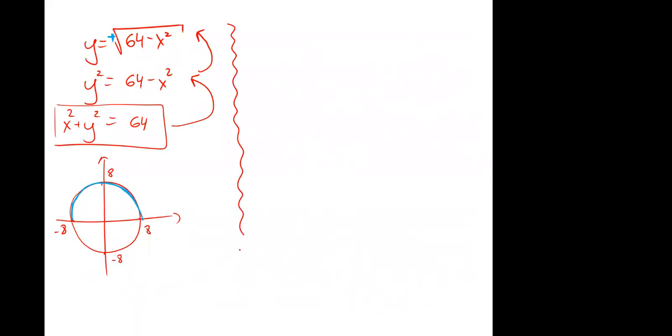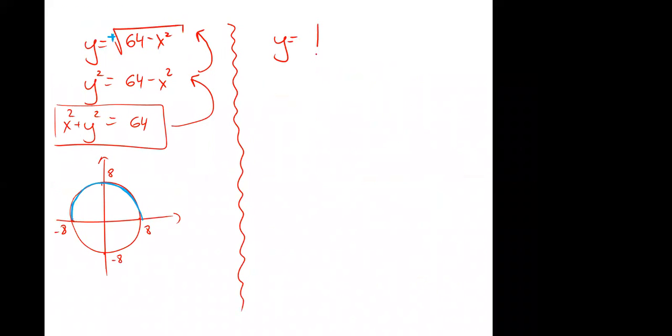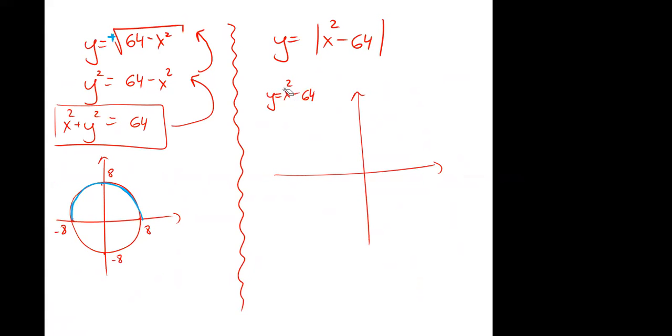And then we have the last one, absolute value of x squared minus 64. Also helpful to know what the graph looks like, because we can try to find the derivative, but let's graph the function. First of all, we will draw the function inside, x squared minus 64. x squared is just the parabola.